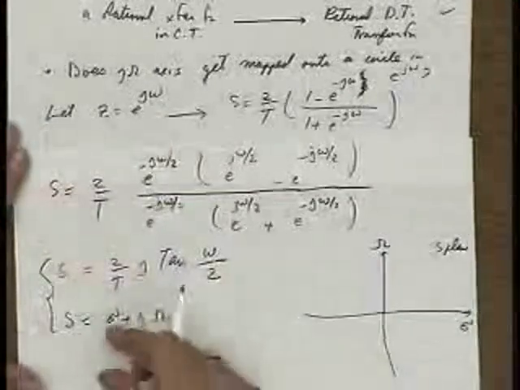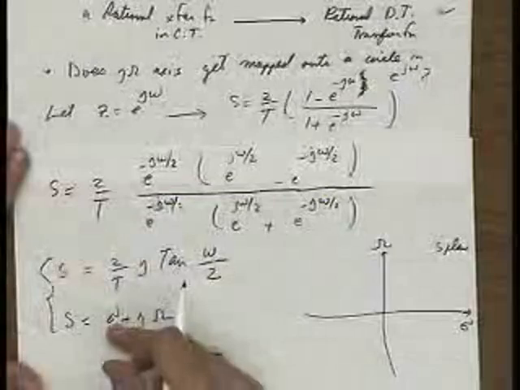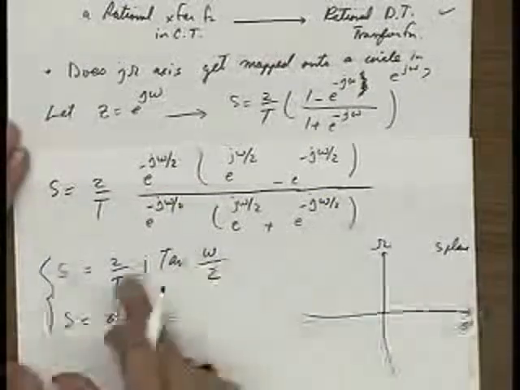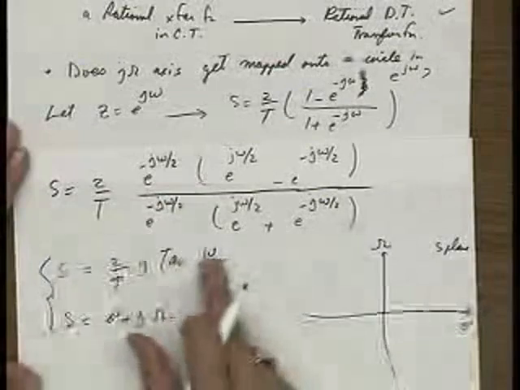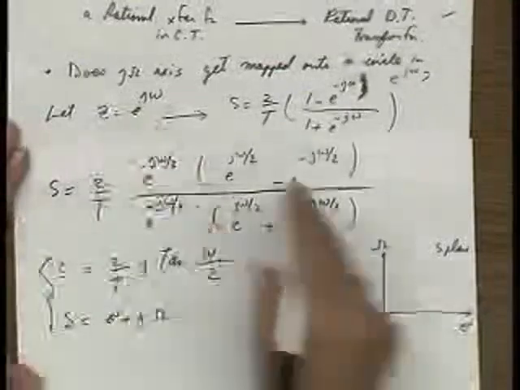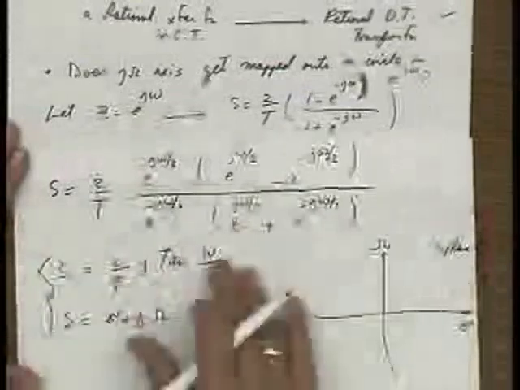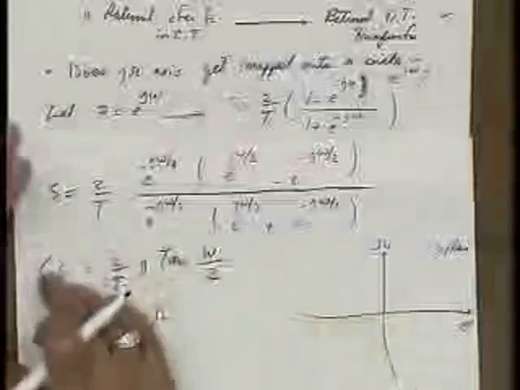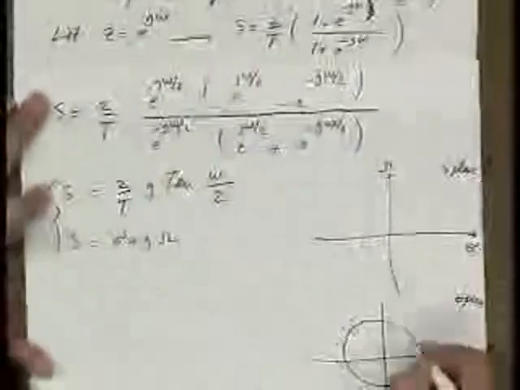What does sigma get mapped to? So in general, if I started off with letting z equal e to the j omega, and I plugged it into this, and this is the mapping. The interpretation of this is this.